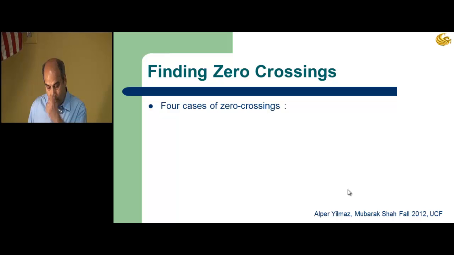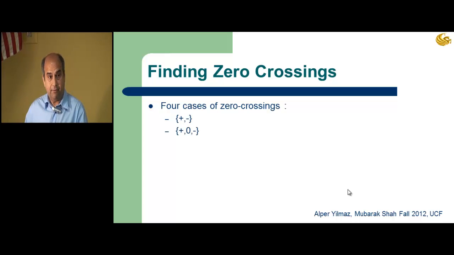So now zero crossings, as we said, this is very important. It's not a 0, but a 0 crossing. When you have an image, we will have these different cases. One pixel can be positive, and the next pixel can be negative, which means there must be somewhere in between a 0 crossing. So that's one case.